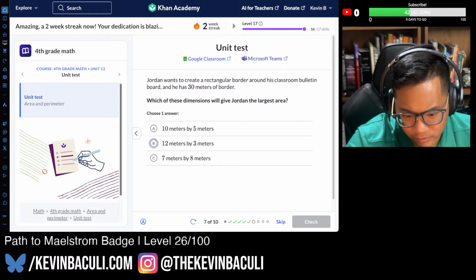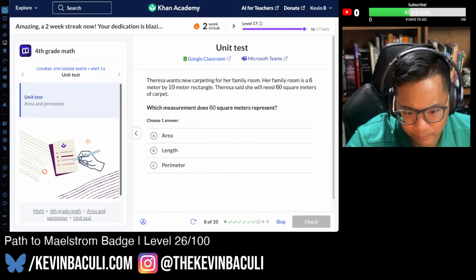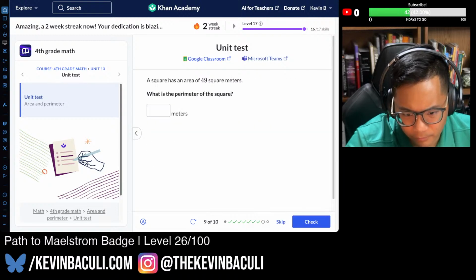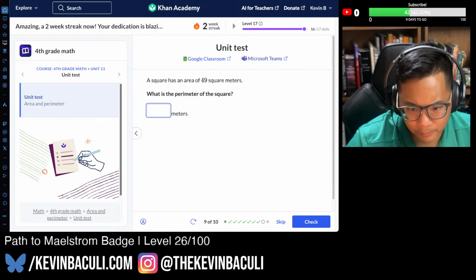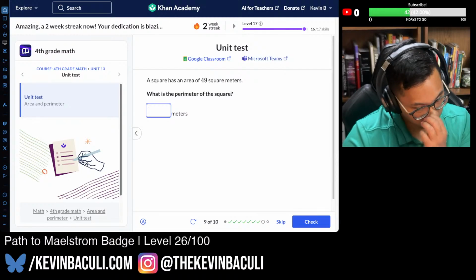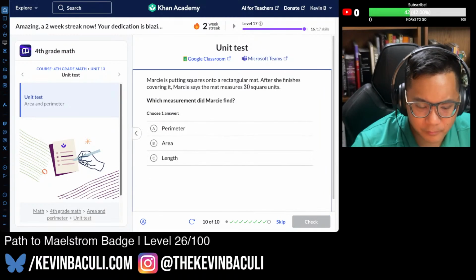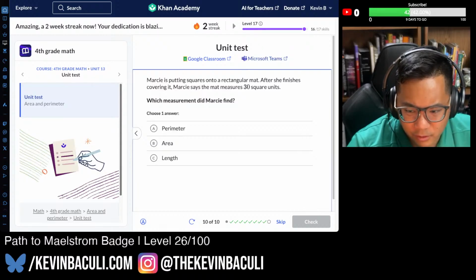50, 36, 56. Area. Marcy's putting squares into a rectangular mat. After she finishes covering, Marcy says the mat measures 30 square units.